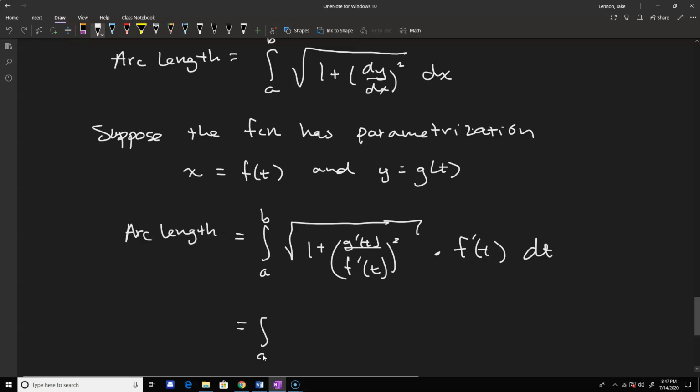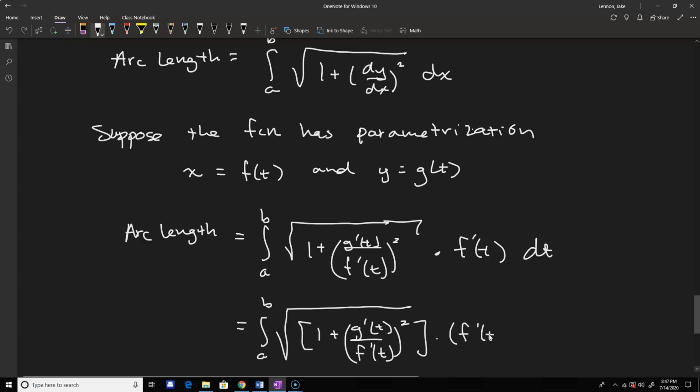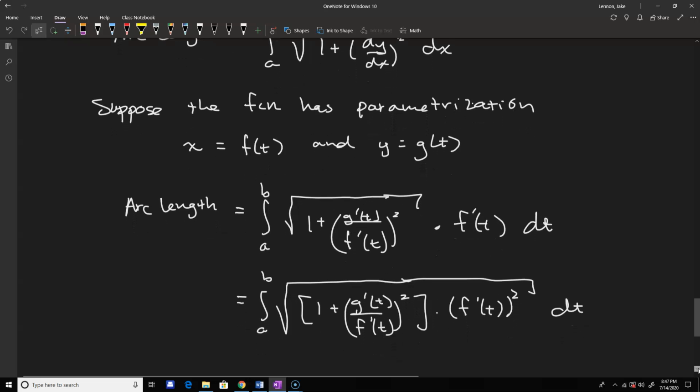So this can be rewritten as the integral from a to b of the square root of 1 plus g prime of t over f prime of t, squared, times f prime of t quantity squared, that's what's underneath the square root, times dt, and then that becomes simplified a bit.